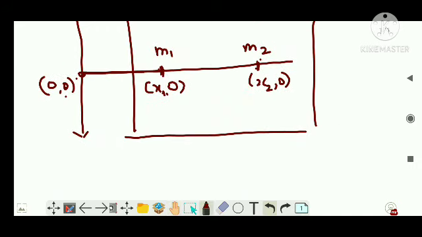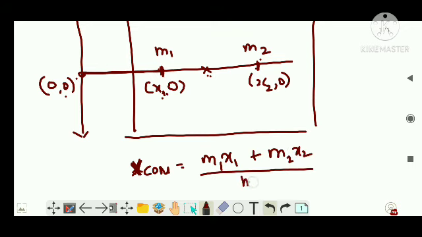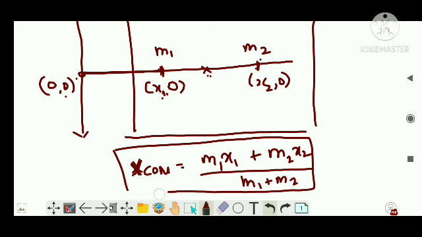Usually it is so. So xcom, why did I write it as xcom? That is the position in the x coordinate. So xcom is equal to m1 x1 plus m2 x2 divided by m1 plus m2. This is how your textbook has mentioned it.